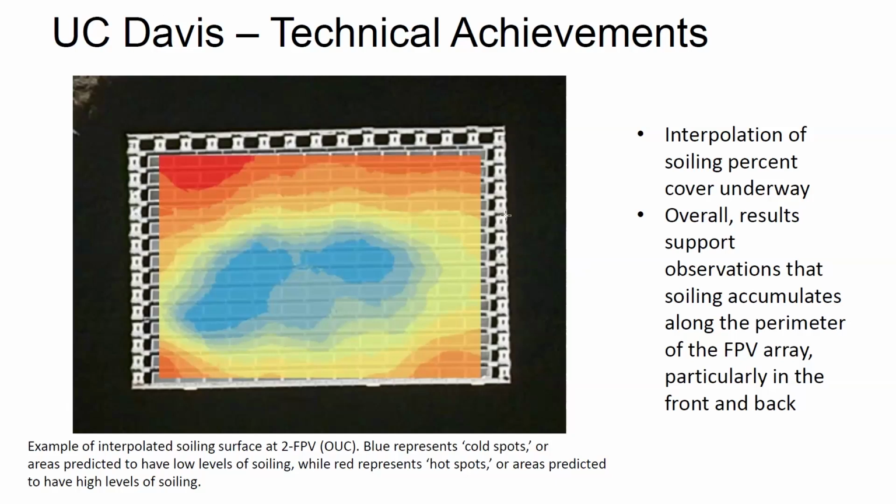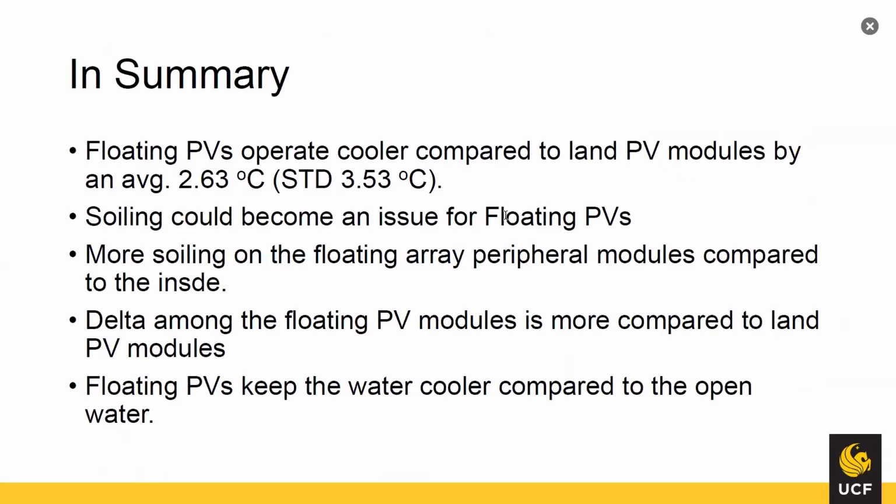Thanks, Emma. Okay, next we are coming to the summary. So the summary of this webinar, what we found from the projects: the floating PVs operate cooler by an average of 2.60 Celsius with a standard deviation of 3.50 Celsius. Yes, the soiling could become an issue for floating PVs. It depends upon the site.